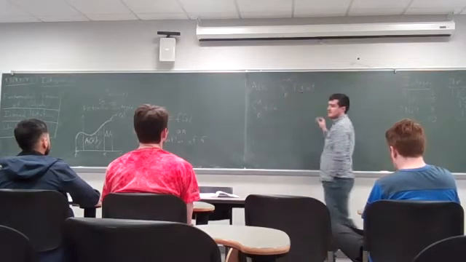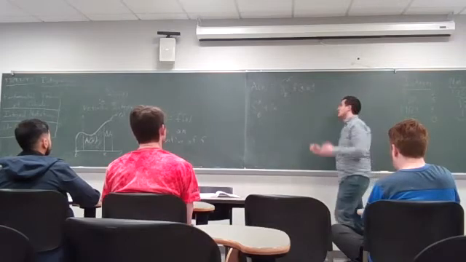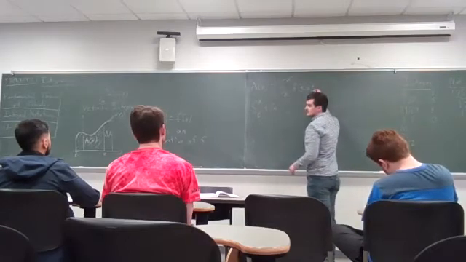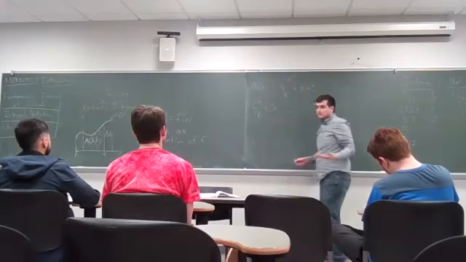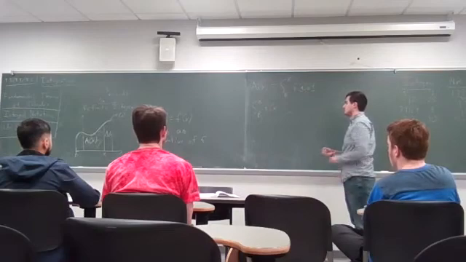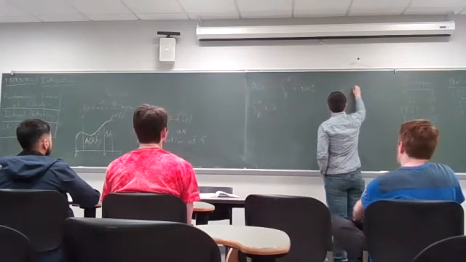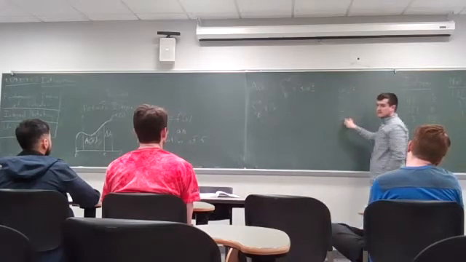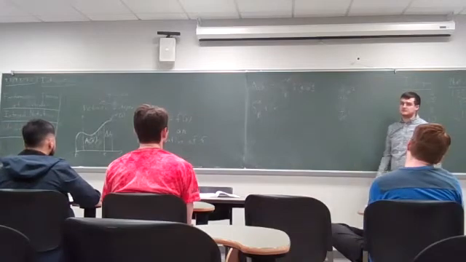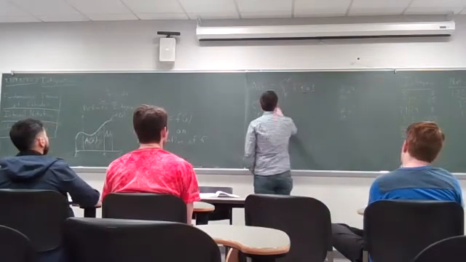So I can't put that in my function as well, because then I have the variable I'm using in the bound as well, and it gets weird. So we can use a dummy variable, just like when we were doing derivatives. If I was doing the derivative of x squared versus the derivative of t squared, dx or dt, it was the same process, it just was a different letter, right? And so it's the same thing here.